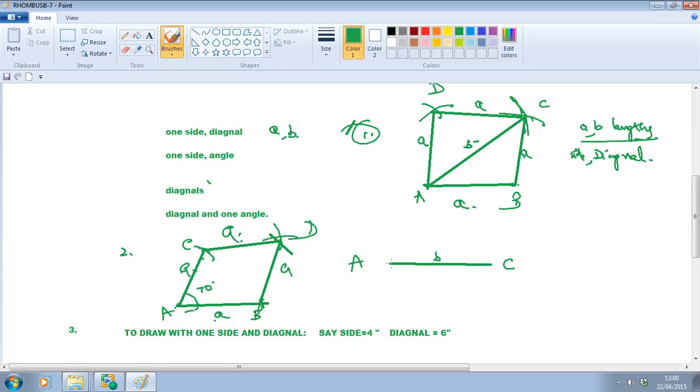What will we do? AC, first divide the line AC into two parts. Now, how can we do it? You mark this point as O. Now you draw a perpendicular line.